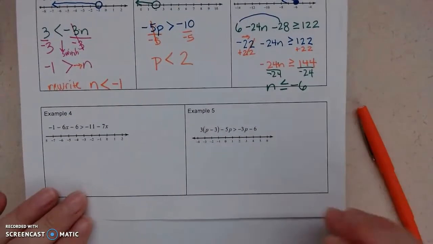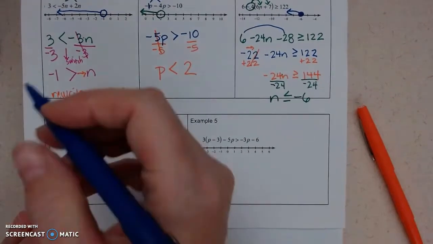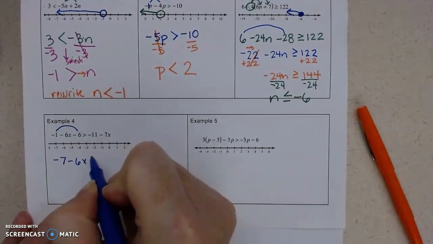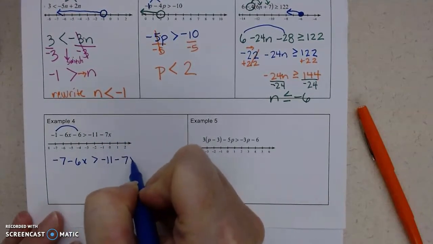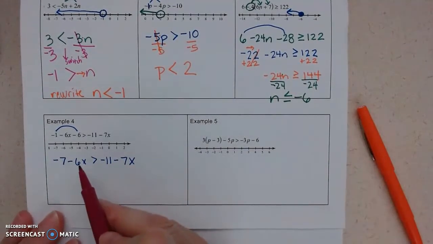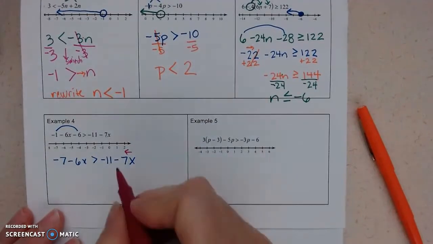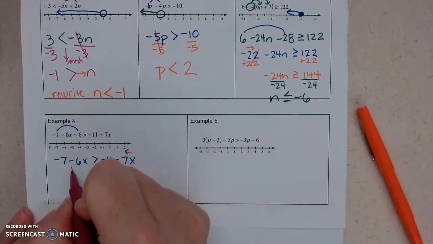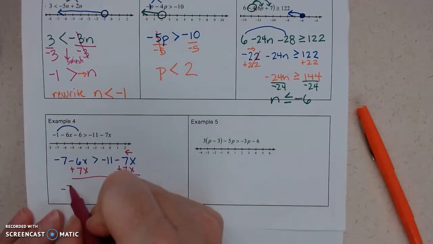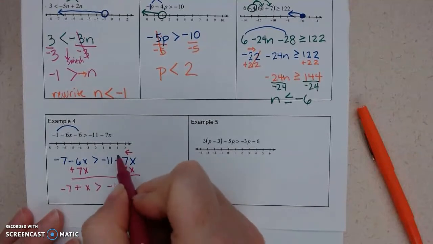All right, let's look at our last two examples. They just get a little longer. I'm going to combine. I get -7. So now you get to decide. Since I like my letters on the left, I'm going to go ahead and move the 7x to the left side. So I'm going to add 7x. Then I don't have to do it at the end. So we get -7 plus 1x is greater than -11.